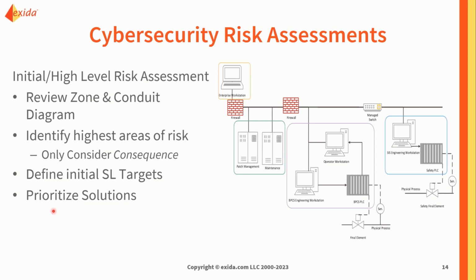And so if we go through and identify that our BPCS network has a security level 3 target, let's say, based on the consequence severity, and our safety system also has a security level 3 target, we can identify those as really the focus for future studies to go through and look at in the detailed risk assessment.